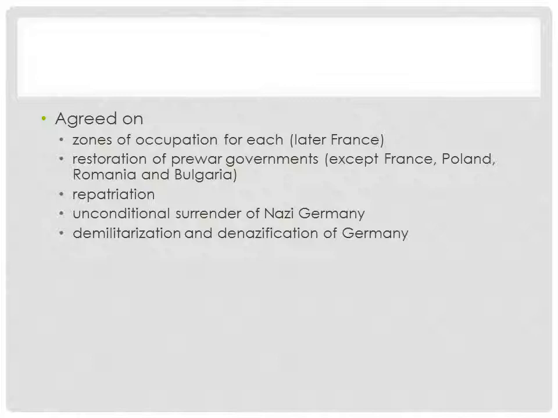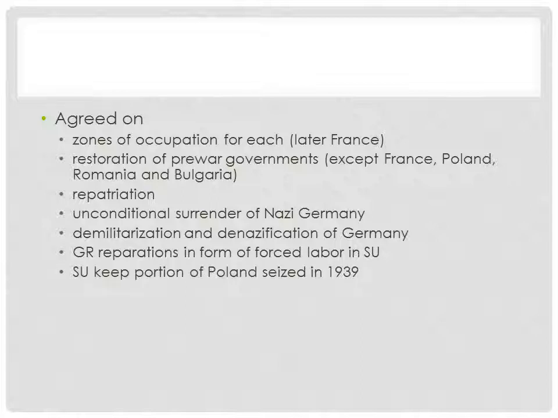There would also be a denazification of Germany, that is a complete destruction of the institutions, structure, and ideology that Nazis had put in place, and also a removal of Nazis from participating in public life, in the government, political life of Germany. And they agreed that Germany would pay reparations, and part of those reparations would come in the form of forced labor in the Soviet Union.